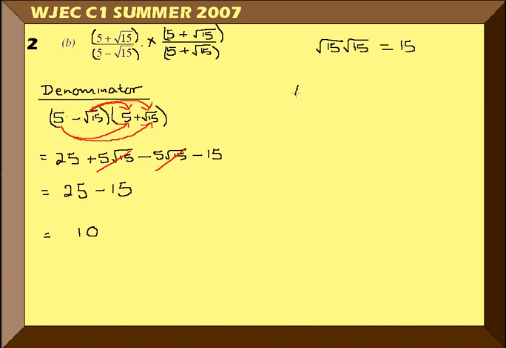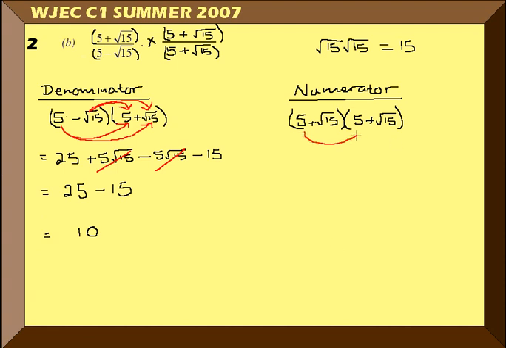If we take a look at our numerator and use similar skills of multiplying out brackets, we're going to have 5 plus root 15 multiplied by 5 plus root 15. And again, multiplying out the brackets, some people use other methods such as grid methods. They're perfectly acceptable.